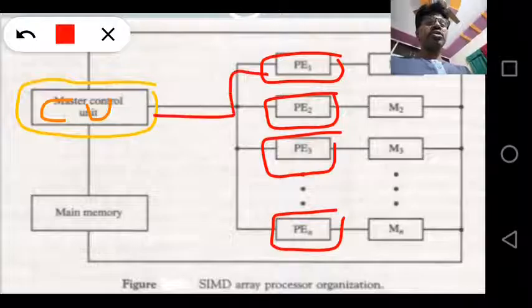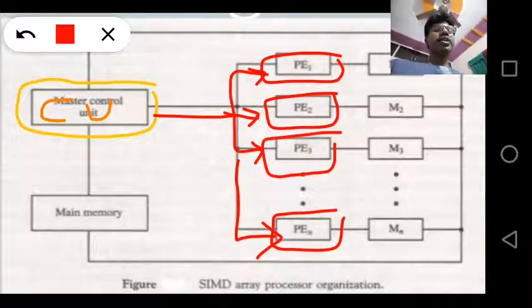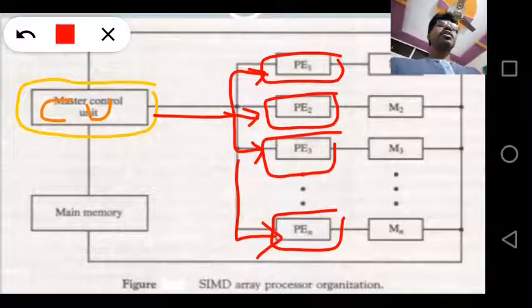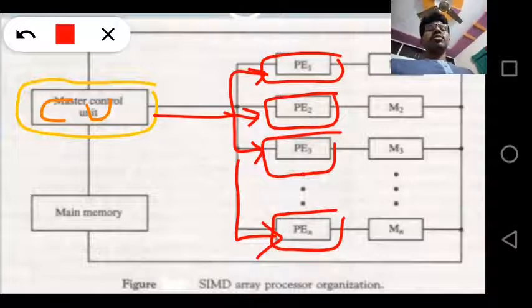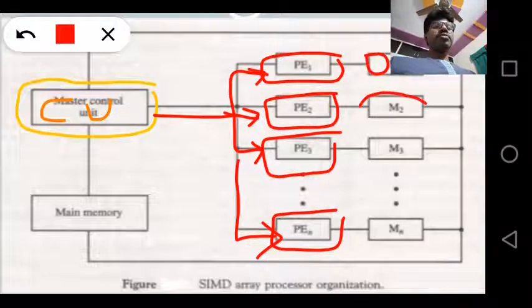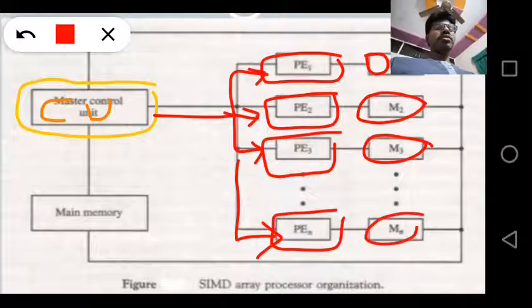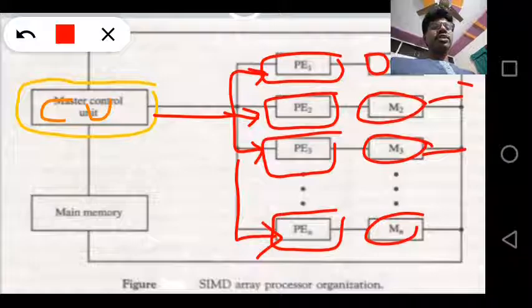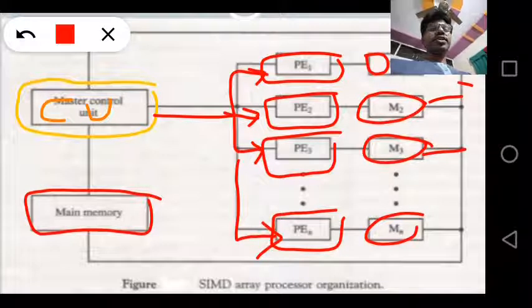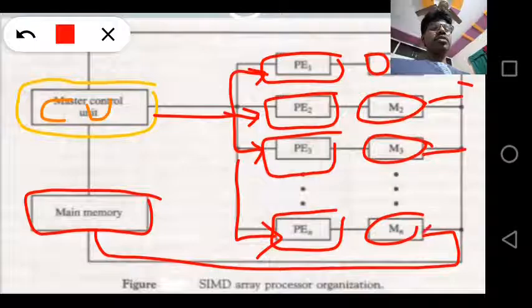So the one common control unit can control all these processing elements, and each processing element has separate memory which it can access, so each processing unit gets the words from the main memory.